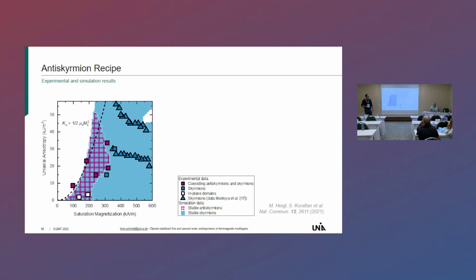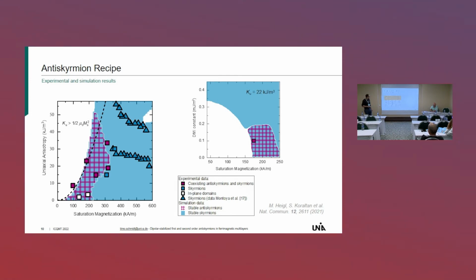But is there a way, for example, if we make a sample and we see it is up here, like 40 kilojoules per cubic meter and 200 kiloamperes per meter, so we would be out of that pocket, is there a way to do that after deposition, to somehow shift that down or to the side to get into that phase pocket?